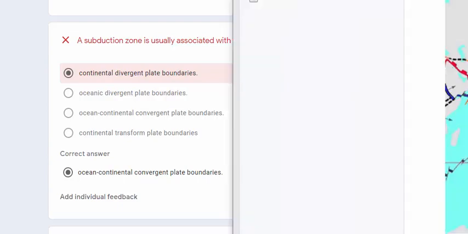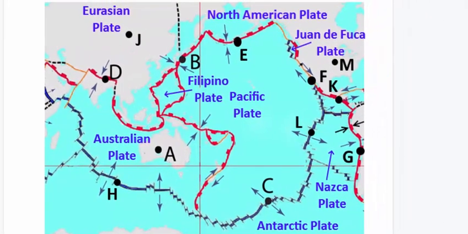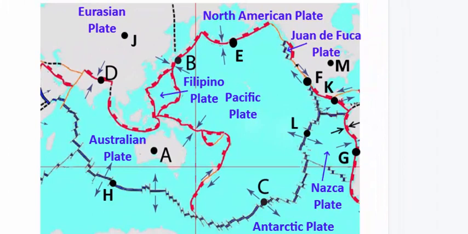Quick reminder of the boundaries. Remember, the plates are like what's represented here. Australian plate, Filipino plate. They can be large, they can be small, like the Juan de Fuca plate.